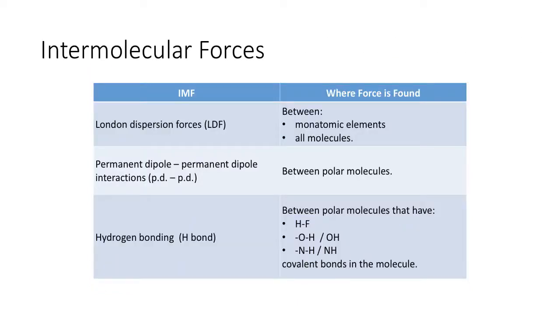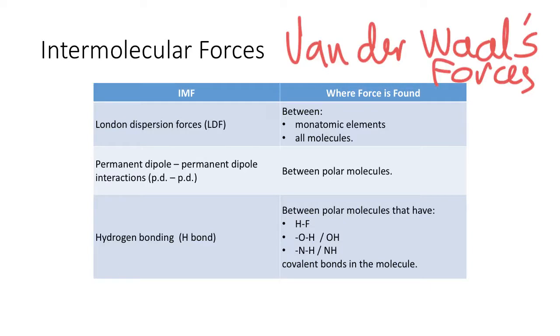So why is it important to know if a molecule is polar or not? Well, we have different properties depending on if we have a non-polar molecule or a polar molecule, and that's really down to different intermolecular forces, or IMF for short. All of these intermolecular forces come under the heading van der Waals forces, but we have three key types.